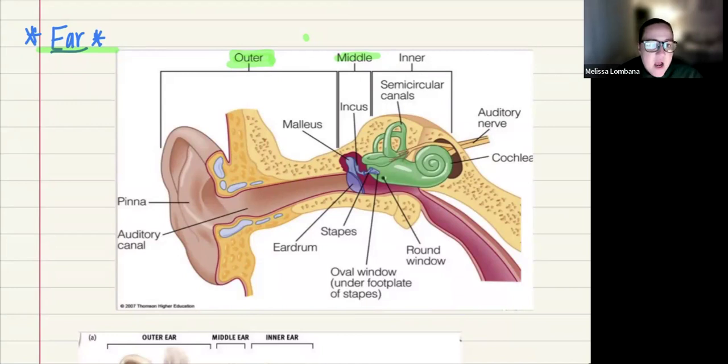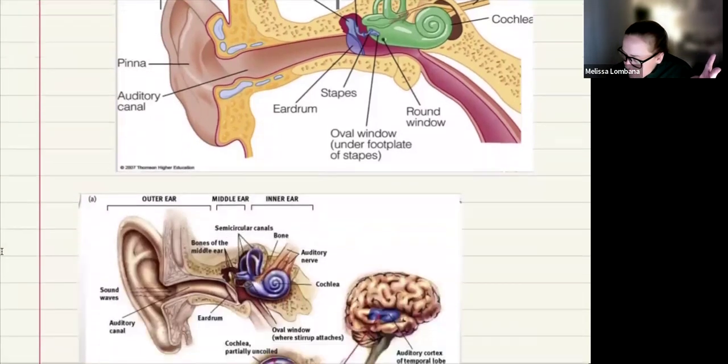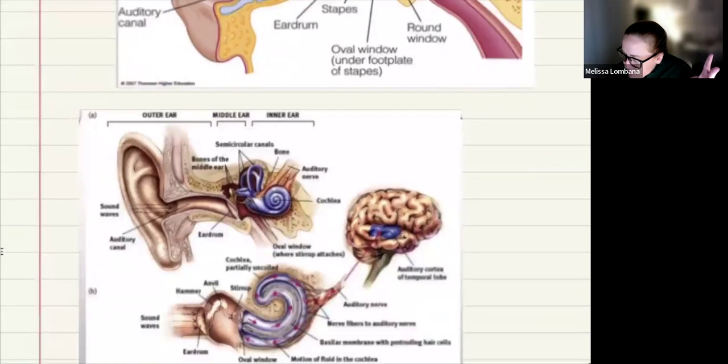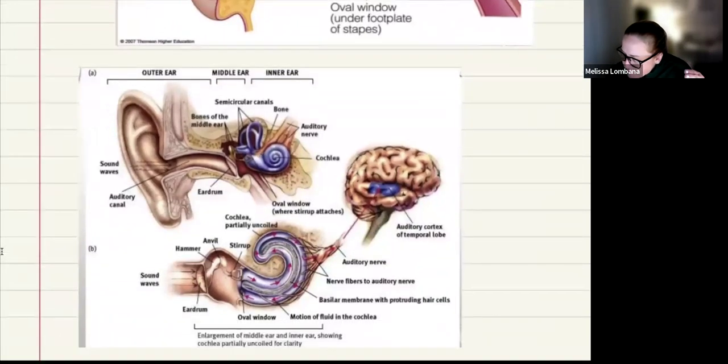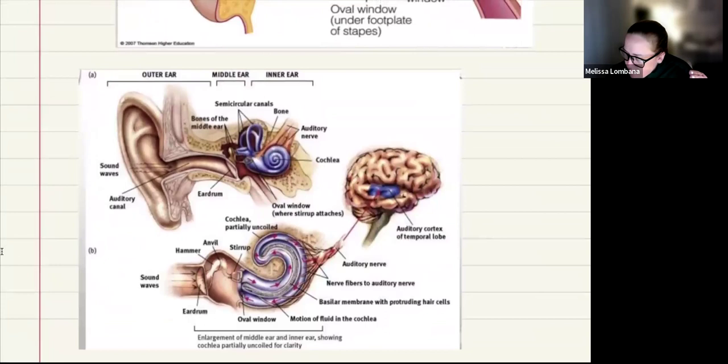Then, behind the eardrum, you have three tiny bones, and they're right here. They're called the hammer, the anvil, and the stirrup.